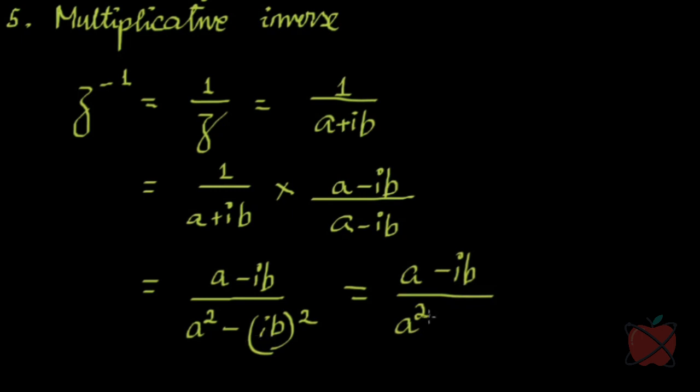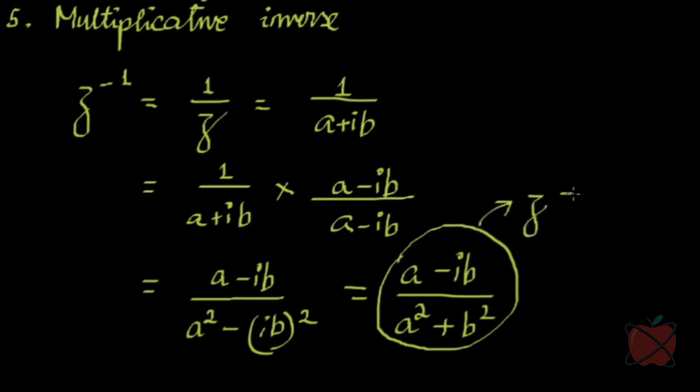So minus 1 and this minus will become plus b square. So you can skip all this part and simply write down the value of multiplicative inverse of a complex number is a minus i times b divided by a square plus b square. There's a geometric meaning for this, and we will discuss it later. Okay? So those are the properties of multiplication.